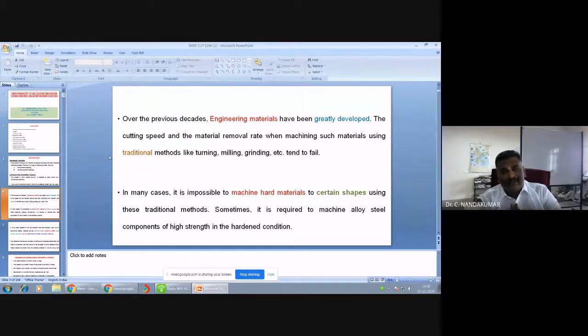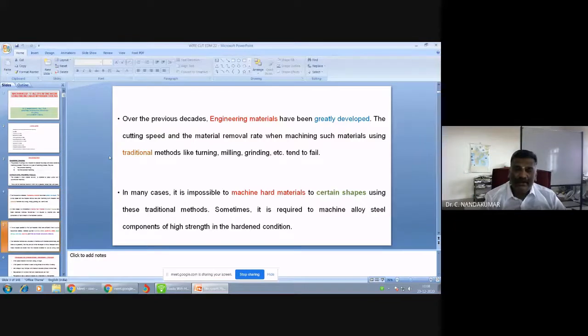Unconventional machining processes are also classified into various categories, depending upon the material. So we have to greatly develop the non-traditional machining processes, because in the case of odd materials and certain shapes, we can't cut or machine with the help of conventional machining.